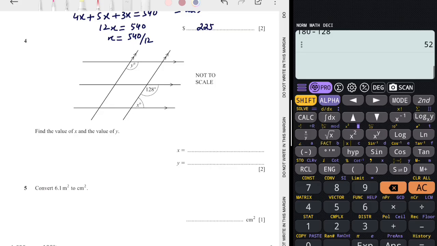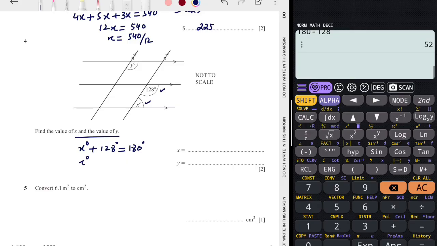Question number 4. Find the value of x and y. Students, if you see 128 degrees and x, they are interior angles of parallel lines and their sum is 180 degrees. So angle x plus 128 is equal to 180 degrees.